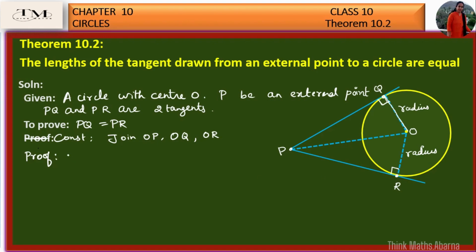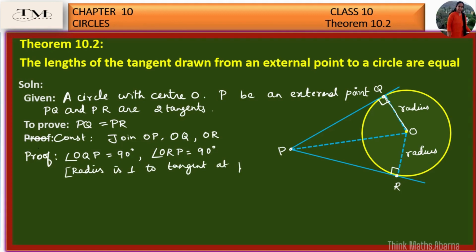So, we can write angle OQP equal to 90 degrees and angle ORP equal to 90 degrees. This is because the radius is perpendicular to the tangent at the point of contact, from Theorem 10.1, which we discussed in the previous video.